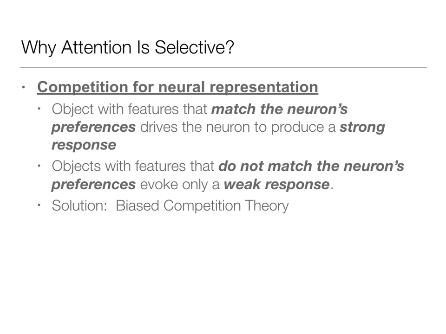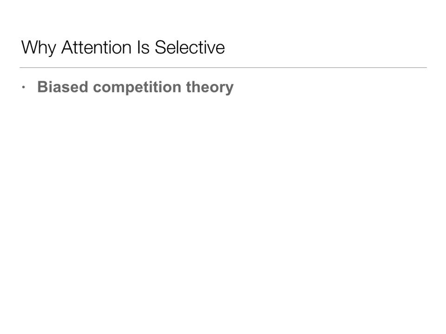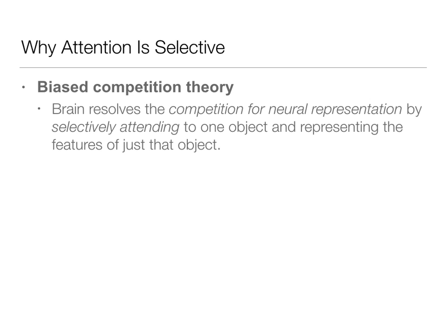And again, the solution that we have to this is biased competition theory. What biased competition theory says is that the brain resolves this competition for neural representation by selective attention. Again, attention evolved to be selective to fix this competition for neural representation problem. By only attending to one object, we are just representing the features of that object.